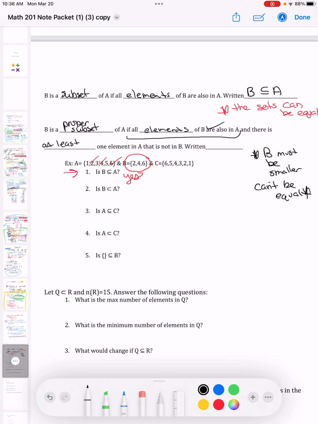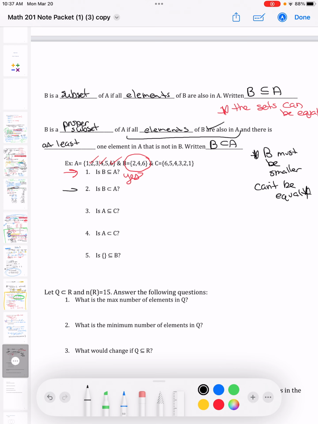To be proper, you cannot be equal. You can't be the same set. You have to be smaller than it. And since you can't be equal, we don't put the equal sign underneath it. It's just that sideways U.